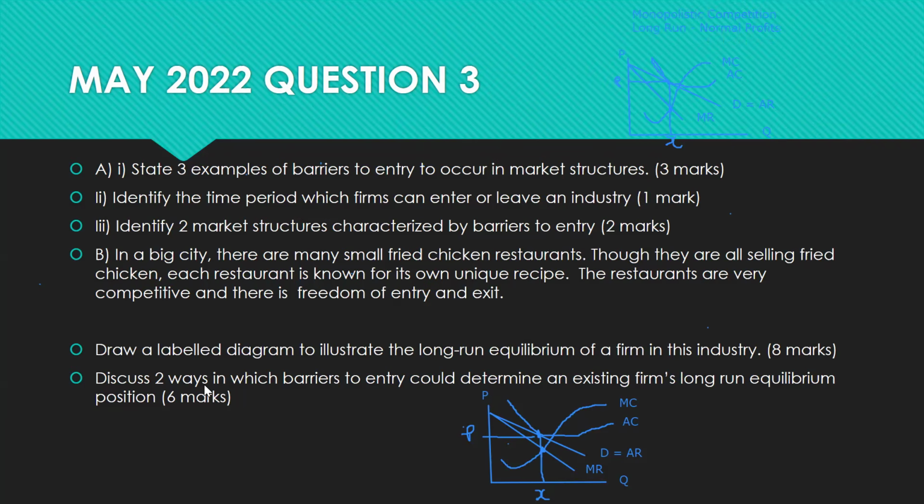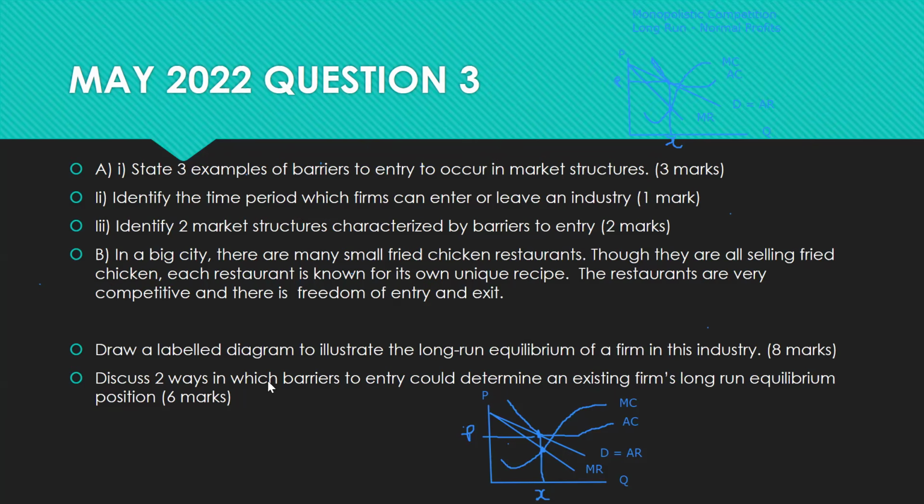And then they said discuss 2 ways in which barriers to entry could determine an existing firm's long-run equilibrium position. And this is where I discuss what I told you before about why they make normal profits. I say in the long run, there are fewer barriers to entry.